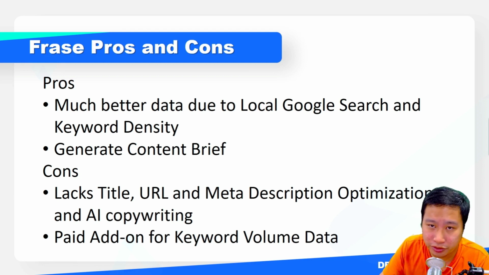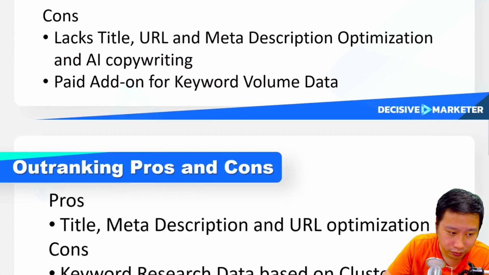And usually with the title and meta description, that's where you want copywriting so that you can improve your click-through rate, right? And then for the keyword volume data as well, you've got to pay additionally for this feature. However, what I would say is that you can just make use of Google Keyword Planner for this data itself.